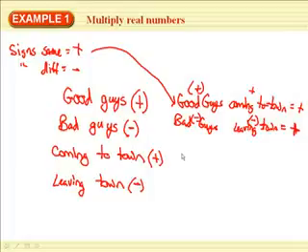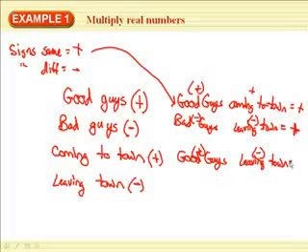Now let's do the others. How about good guys, which is positive, leaving town, which is negative. And we say, hey, do we want the good guys to leave town? No, we don't. So that's a negative situation.